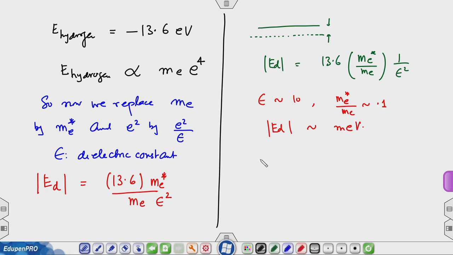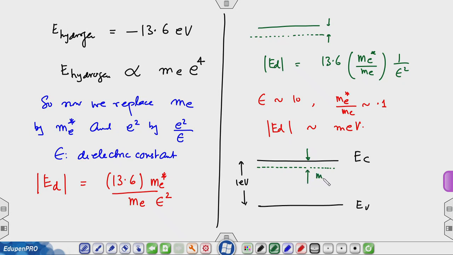Therefore, if I make this picture again, this is E c, this is E v, roughly 1 eV difference, whereas the donor level out here is m eV level difference. If you compare e raised to minus m eV by k b T, it is much greater than e raised to minus eV by k b T.